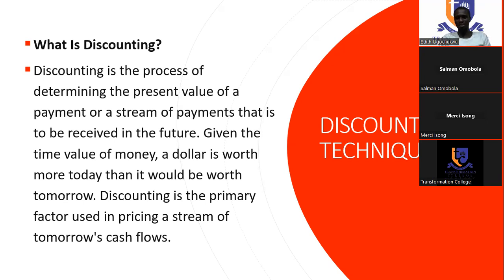Compounding has to do with accumulating interest to attain a future sum, but discounting has to do with bringing the future value to its current economic value. The discounting technique is calculated as 1 plus r raised to power minus n. That's the formula we use.